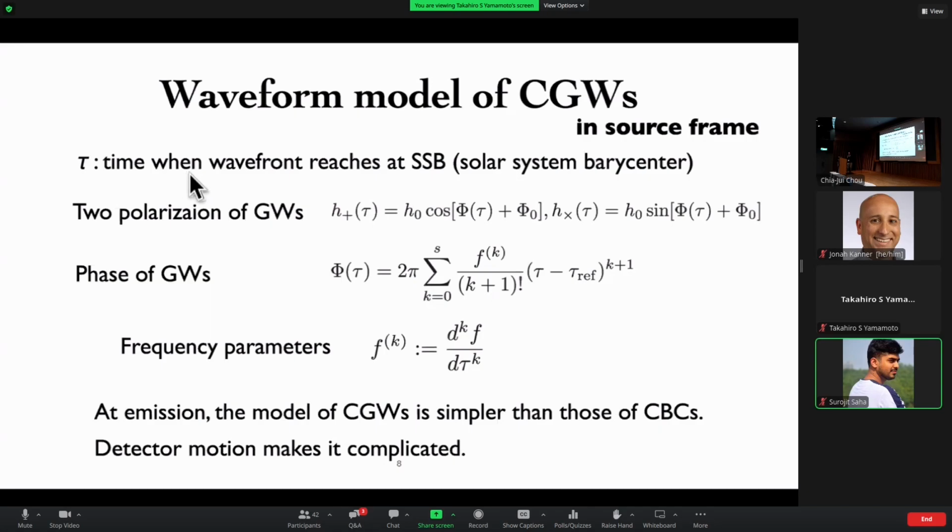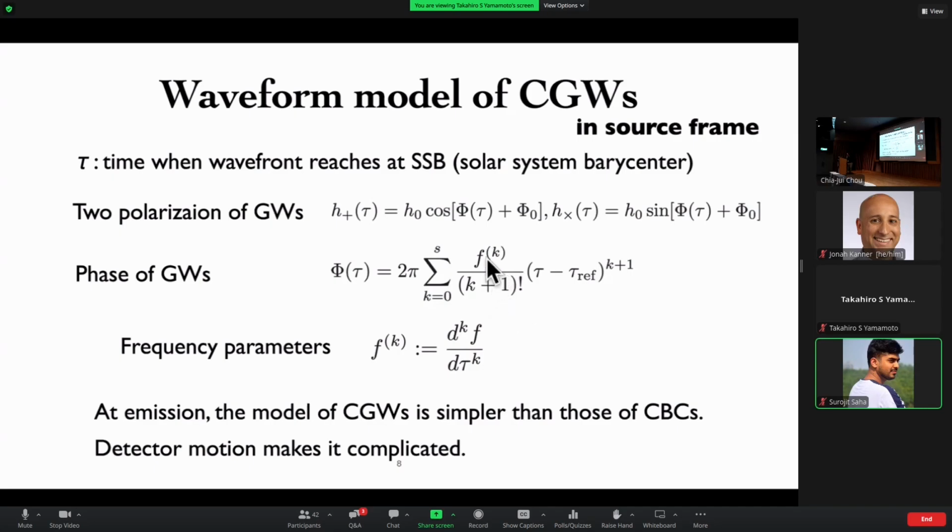It describes the time when the wavefront reaches the solar system barycenter. The gravitational wave has two polarizations, plus mode and cross mode. They are described by cosine and sine functions. And the phase can be described like this. It looks a bit complicated, but it's nothing but a Taylor expansion of the phase.